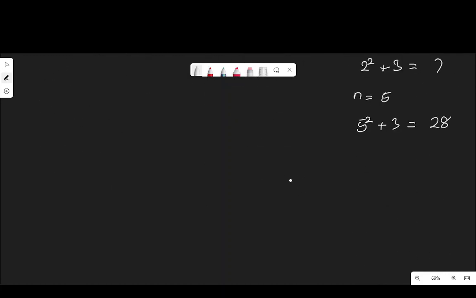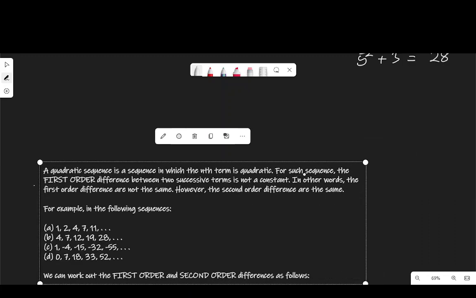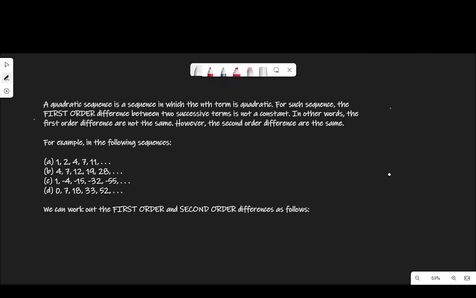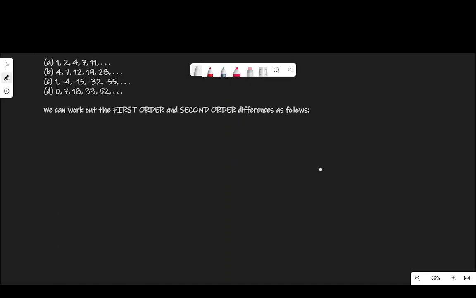Now let's move on to the next one. Let me repeat the question here again. Here we have the third one, which is 1, minus 4, minus 15, minus 32, minus 55, and so on. I have question C. Again, let me prepare my table here, and then the terms.